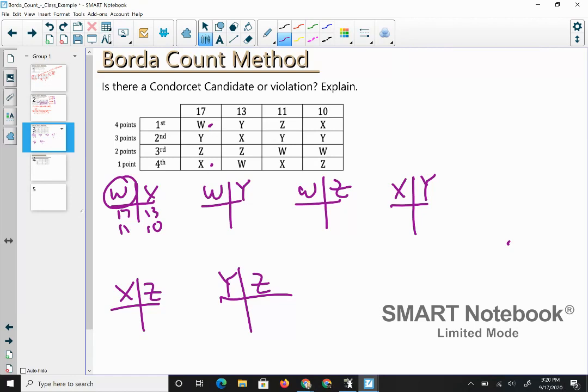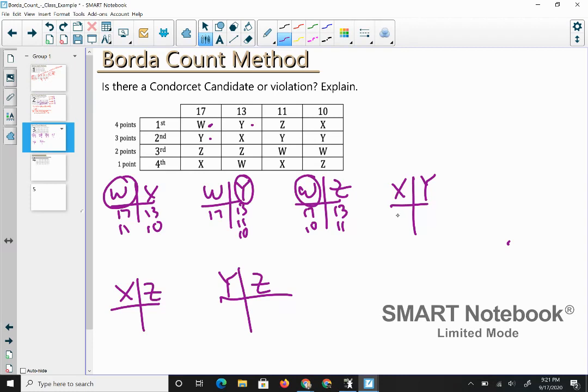If we're looking at W and Y, well, W gets the first 17, Y gets the 13 in the second column, Y gets 11 from the third column, and 10 from the fourth. So Y wins. In the third competition, W gets 17, Z gets 13, Z gets 11, and W gets 10. So W wins.